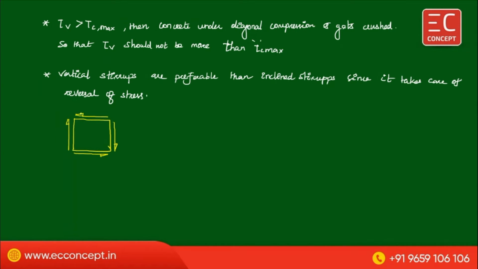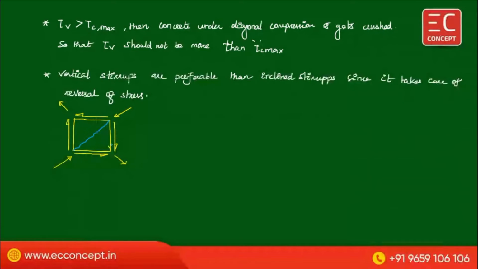Understood? Now we know that this corner is getting elongated, this corner is getting contracted. Now see, this is the failure plane. This diagonal only gets failed because this direction is subjected to tension. The failure happens along this diagonal.